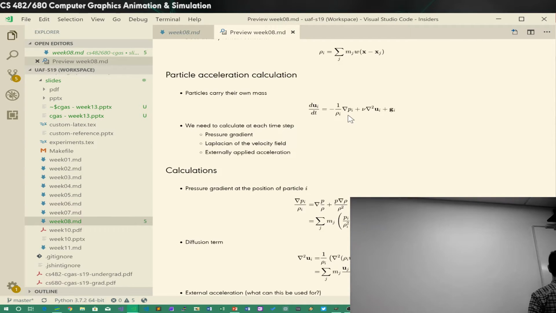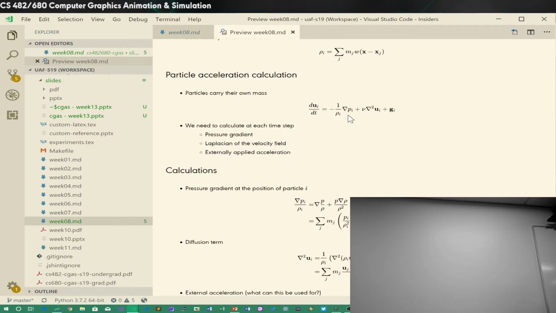So we have du dt. This is a vector, so we have a vector field that we're trying to differentiate with respect to time. What's the differentiation of velocity with respect to time?